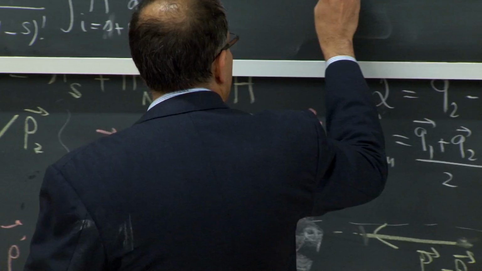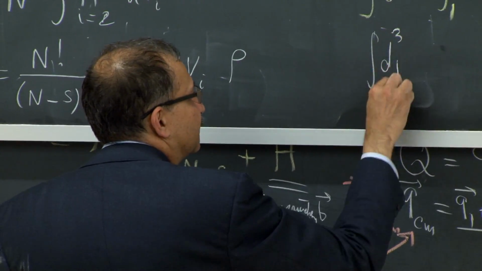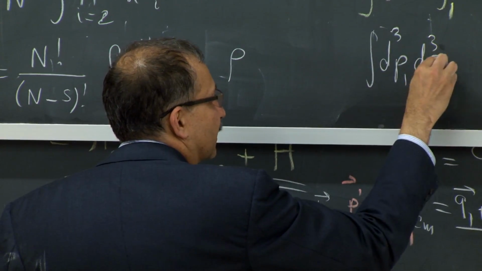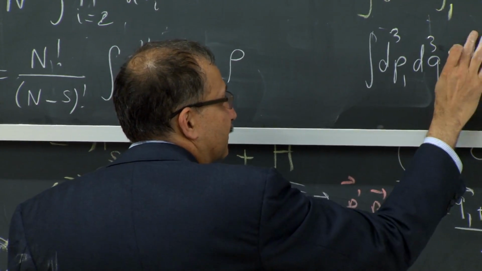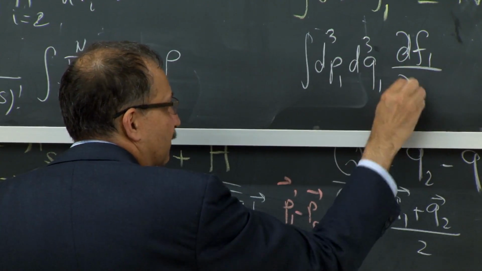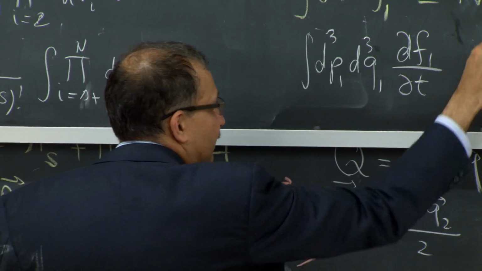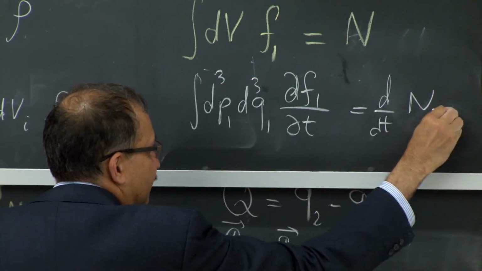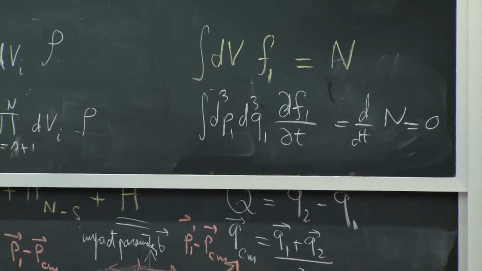All right. So if I actually take the time derivative here, I get the integral d cubed p1 d cubed q1 of the partial df1 by dt, which is the time derivative of n, which is 0. The number of particles does not change.